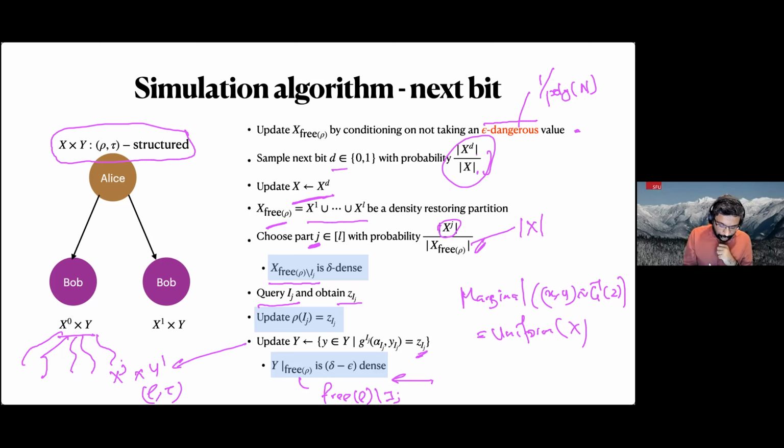But it's not the same row, it's this updated row. So we have maintained the invariant. Here we are not in the original rectangle inherited from Alice anymore, but in a part of that rectangle. But at the end of the day, we have maintained the invariant.